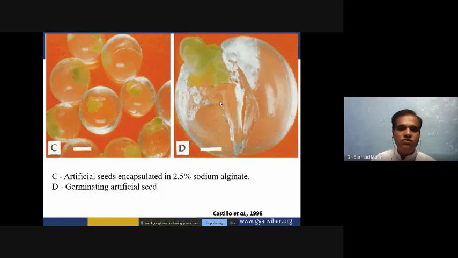When we put the encapsulated somatic embryos into the artificial media, they can germinate. The somatic embryo can break down this artificial encapsulation and produce the root and shoot form.